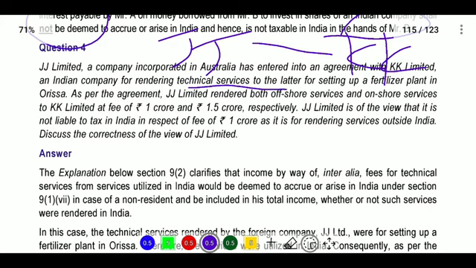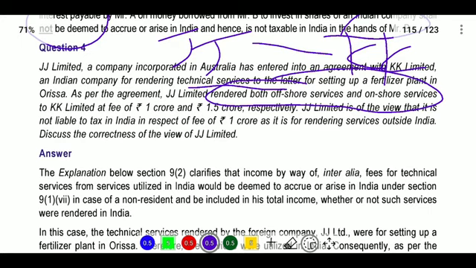As per the agreement, JJ Limited renders both offshore and onshore services to KK Limited at a fee of 1 crore and 1.5 crore respectively. JJ Limited is of the view that it is not liable to tax in India in respect of the fee of 1 crore as it is rendered outside India. Discuss the correctness of the view of JJ Limited.